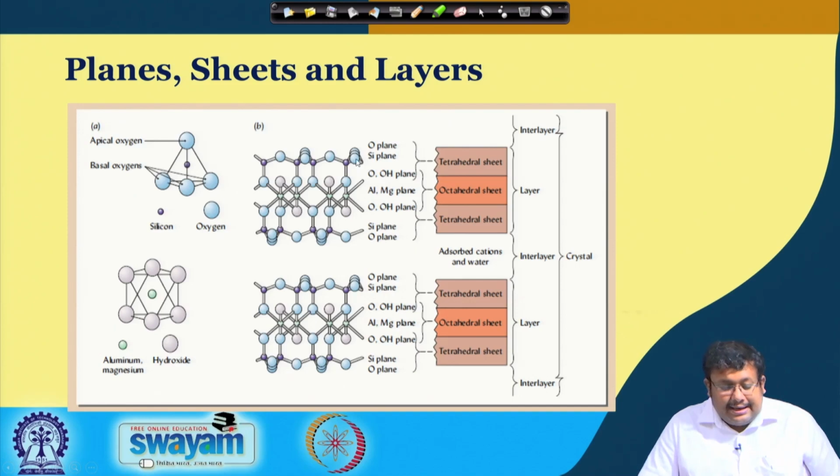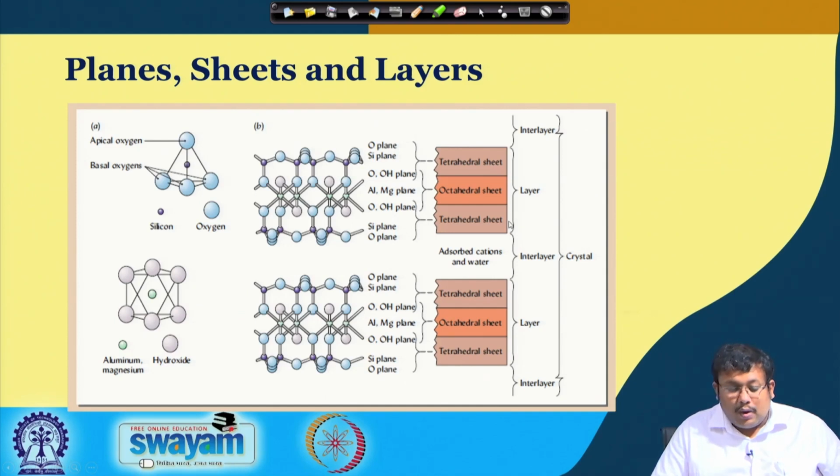As you can see, this is a 2:1 type of clay mineral. Why is it called a 2:1 type? Because one octahedral sheet is sandwiched between two tetrahedral sheets. That is why it is known as the 2:1 type of structure.